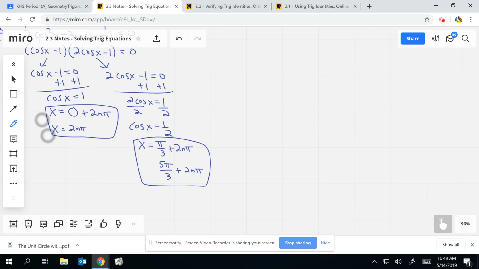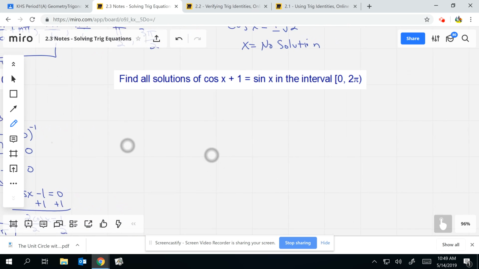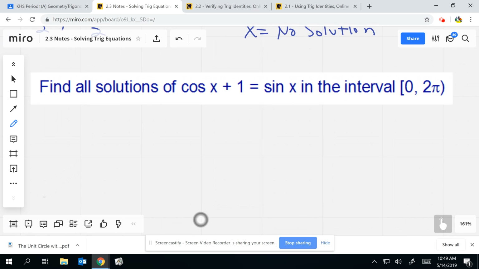And then the last one here, your last example, again, is going to give us an interval, which is nice. So we only have to find the answers on our chart. And notice that you've got a cosine and a sine. It's better if you've just got one trig function to solve for. And there's no identity that takes a sine out and a cosine in its place.